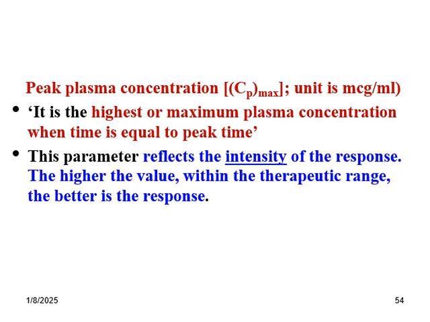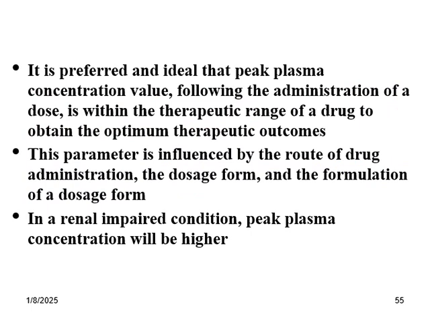That is why we talk about the peak plasma concentration, because that is the highest, right? It is preferred and ideal if the peak plasma concentration is within the therapeutic range, because only that way can we obtain the optimum therapeutic outcomes.